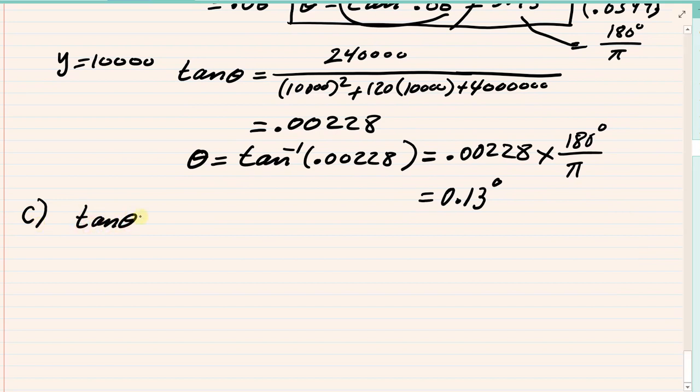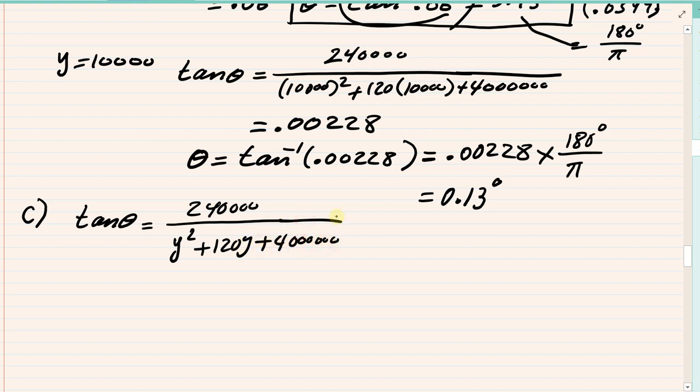Remember, tan theta we said is equal to 240,000 divided by, at the moment it's at 10,000 feet, y squared plus 120y plus 4 million.